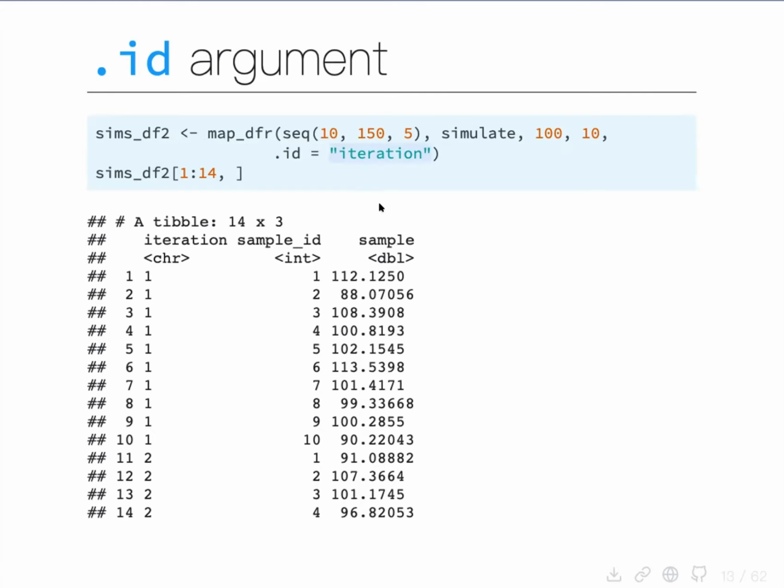So I'm calling it iteration in this case, and it just puts, here's iteration 1, here's iteration 2, and it's going to keep going all the way through. And so this is nice because each row is uniquely identified, basically. So we've got this row, which before was not uniquely identified, but now is because the combination of iteration and sample ID uniquely identify the value. Okay? So that's super helpful.